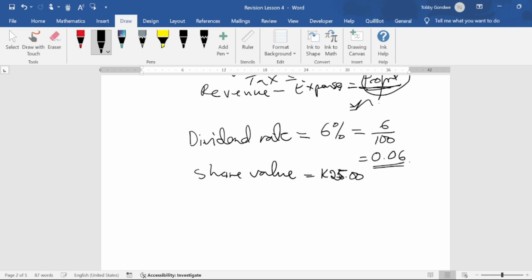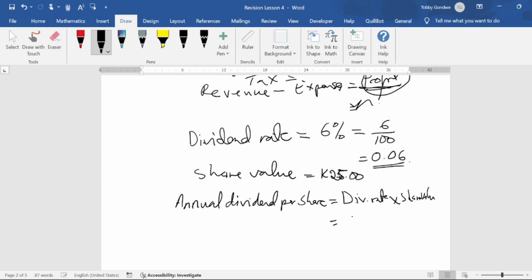So now, each annual dividend per share is going to be the dividend rate, let's say div rate, multiplied by the share value.